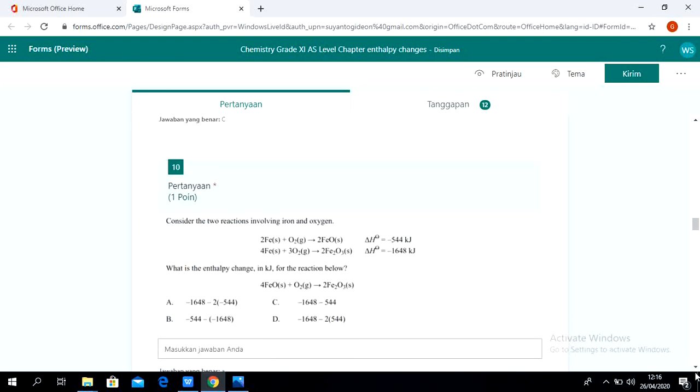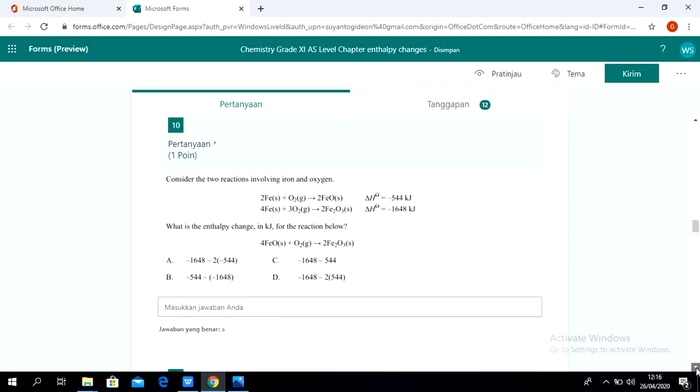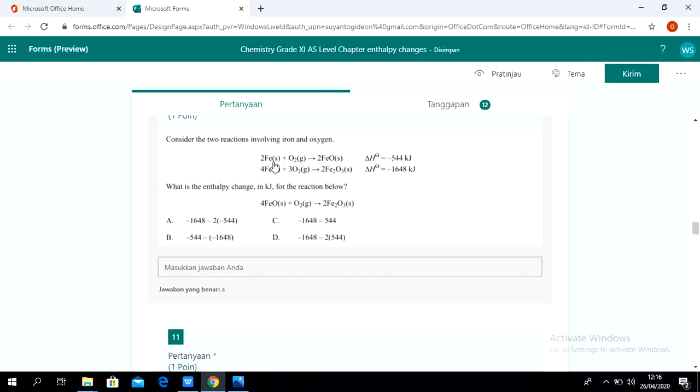And then next number also there is a calculation again. Fe plus oxygen becomes iron 2 oxide. Iron metal reacts with oxygen to form iron 3 oxide. The question is asking for the enthalpy change of formation of iron 3 oxide from iron 2 oxide. So we have to change the orientation of the first chemical equation.